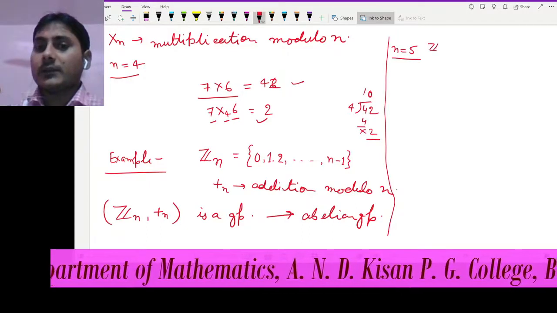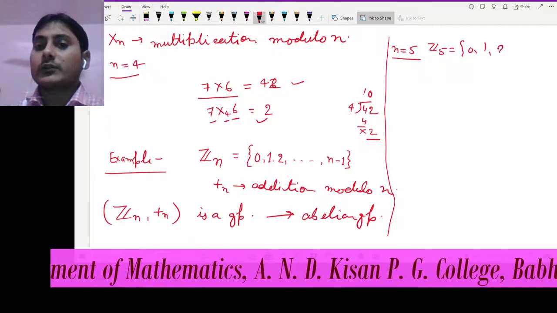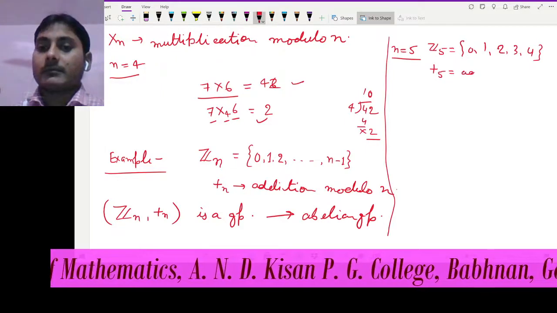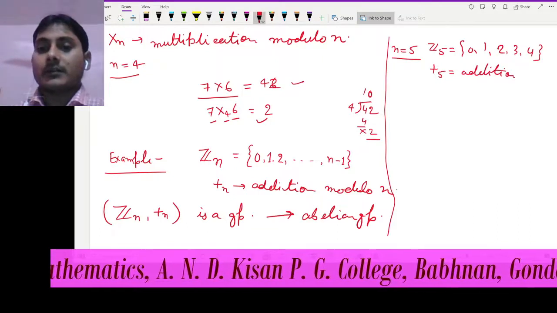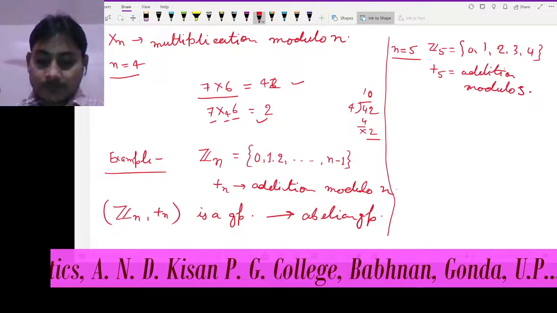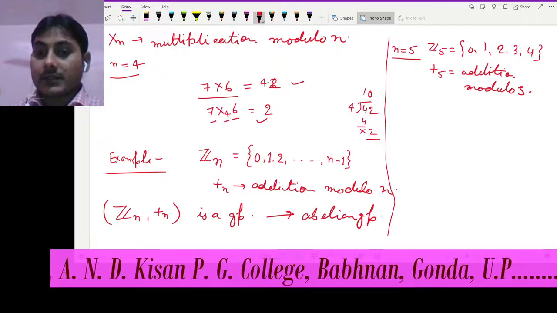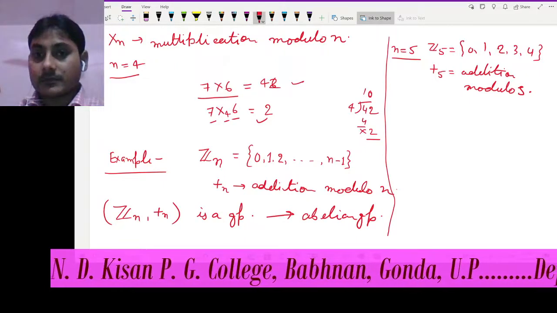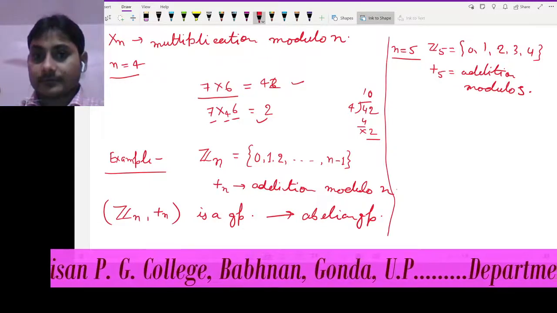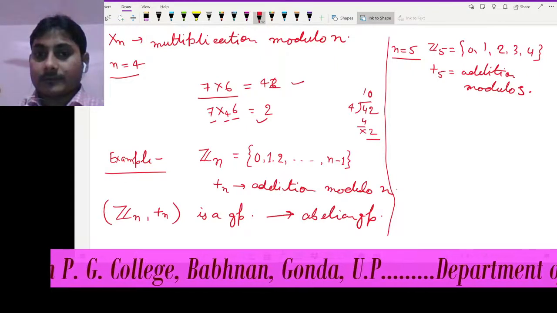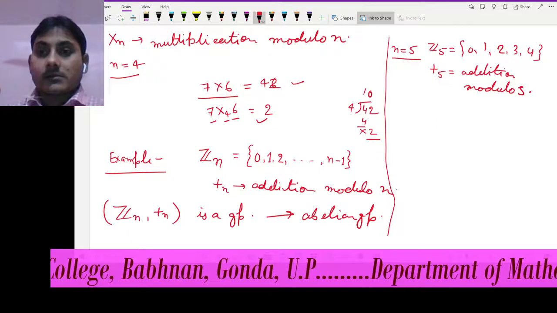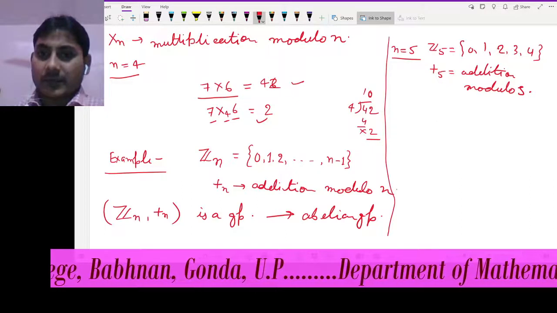Then you have Z5, which consists of 0, 1, 2, 3 and 4, and you are taking addition modulo 5. You can verify all these things.